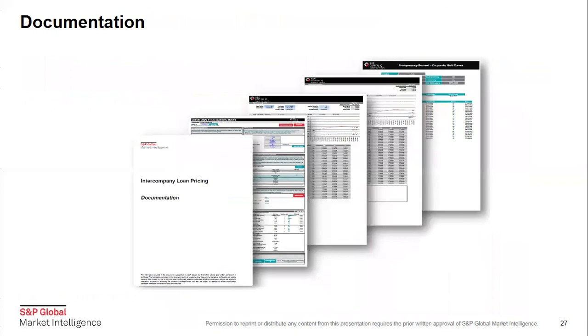So, with all of these components, we have the documentation piece, we have the piece in order to establish our risk-free rate of return. We have all of the information to determine the standalone risk assessment of an entity. We have our corporate yield curves, which are now available to go to the public markets and find an appropriate bond which would be comparable to the information which you are now inputting for your subsidiary debt.